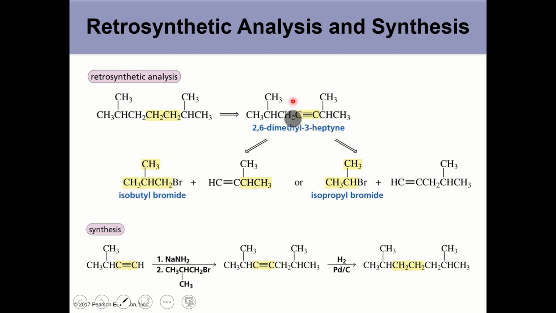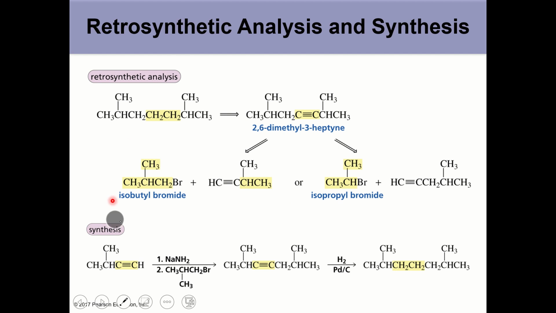And if they break it at the left side of the triple bond, then we will have a 3-methyl 1-butyne reacting with what they call isobutyl bromide, or 1-bromo 2-methyl propane. And then from there, we can go forward towards the final product.